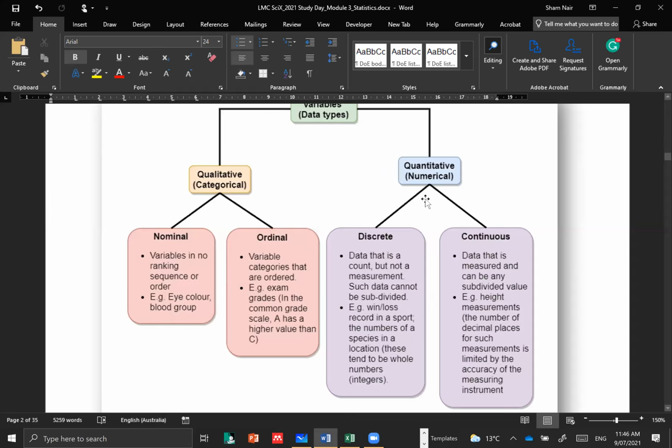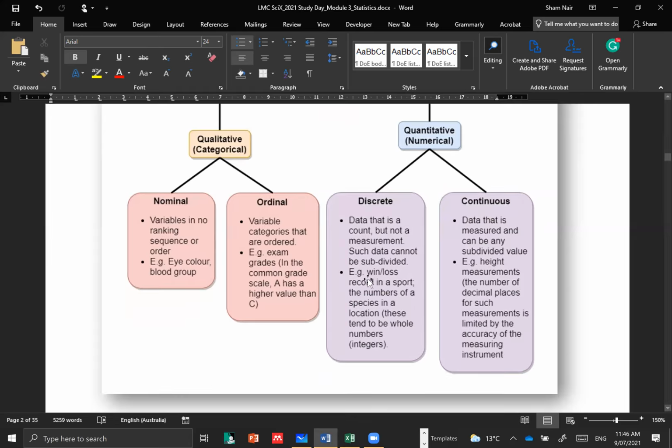On the other side, we've got the quantitative types. Quantitative data sets can be a little bit more complicated, but essentially we've got two groups. Discrete are those that fall into specific groups. For example, if you think about sport, the number of wins and losses for a particular competition can only be whole numbers.